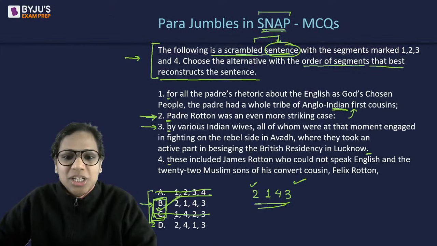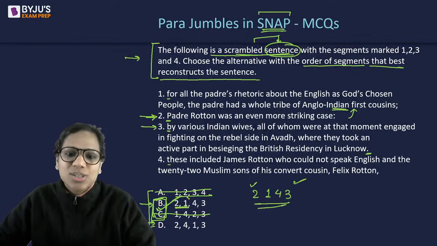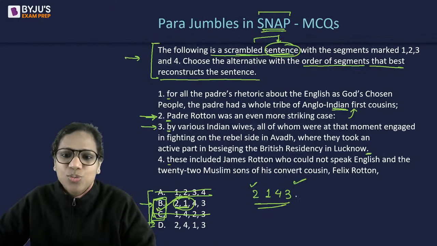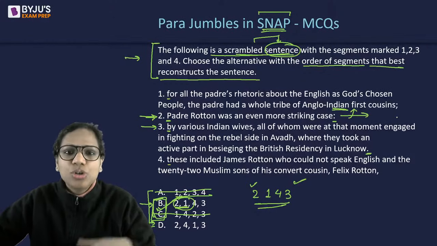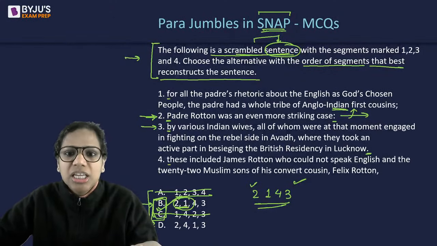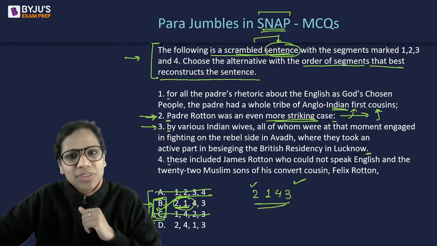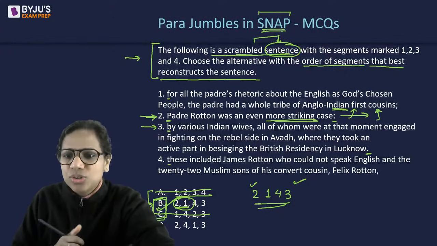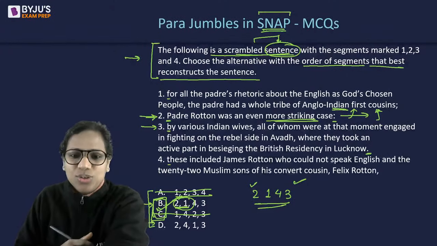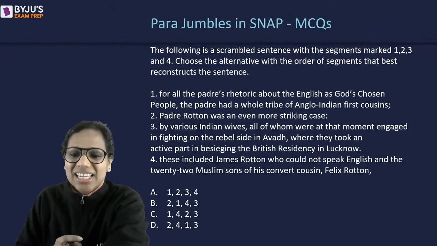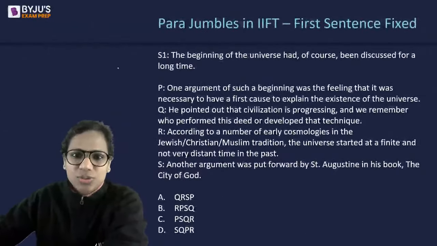So that's why his case was striking. 2-1 is going to be the sequence here. 2-1-4-3. A colon is used when you want to elaborate something later on or introduce a list later on. Here I am elaborating why his case was striking. So through that also you could attempt this. Very good. All of you who said B, excellent. A different kind of question it was.